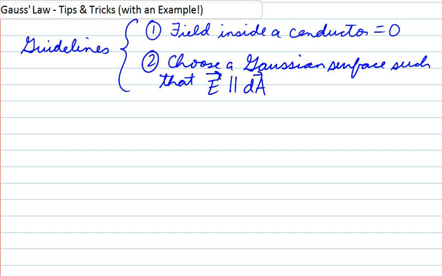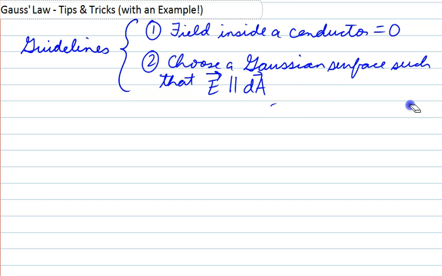And so if you think about why this is, it's kind of the same reason as number one. Because if I have some charges on top of a curved surface, if I have field lines that start going towards each other, well, we're going to have the same problem as before. So we want to choose a Gaussian surface so that at all points the net electric field is going to be parallel to dA. Okay.